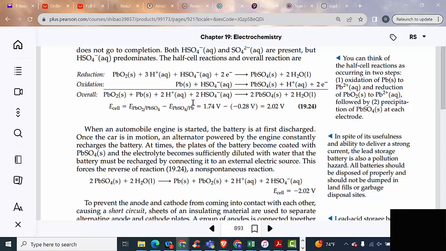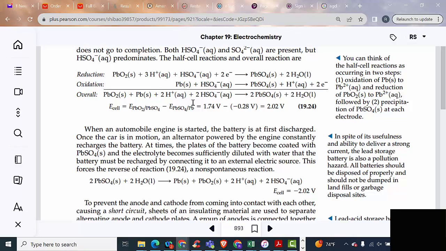And if we reverse it, this is the reverse reaction here. We take 2 lead 2 sulfates. One is going to be oxidized, the other is going to be reduced. And so one is reduced to lead metal, the other is oxidized to lead 4. And so this is the reverse reaction. And the reverse reaction is non-spontaneous because the forward reaction is spontaneous, 2.02 volts.